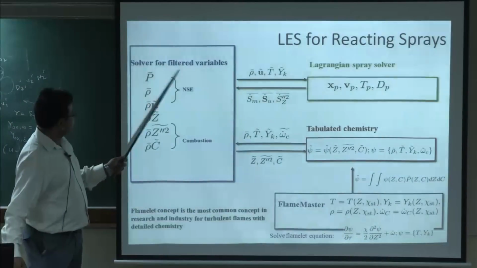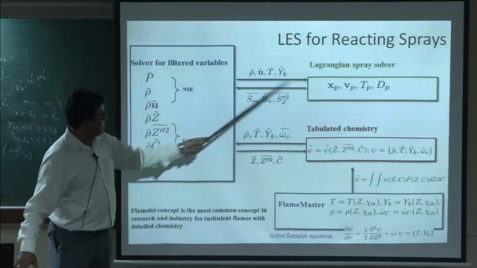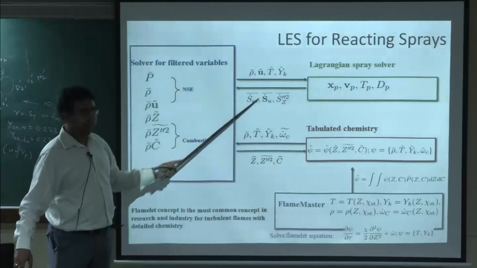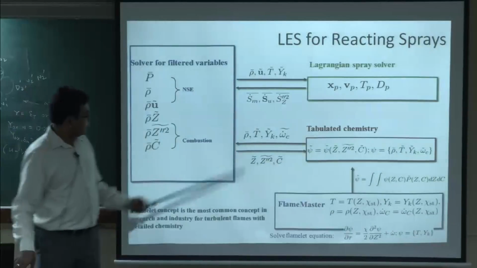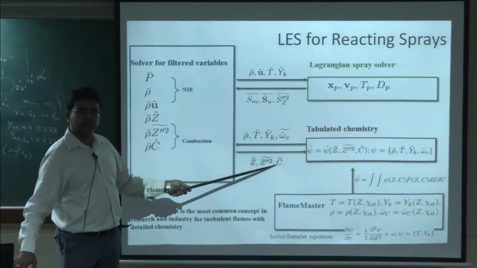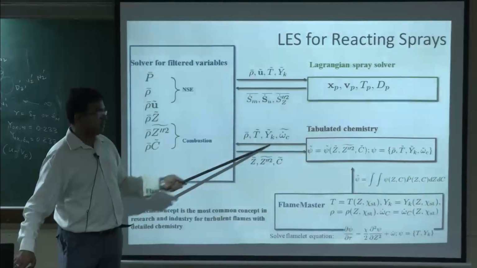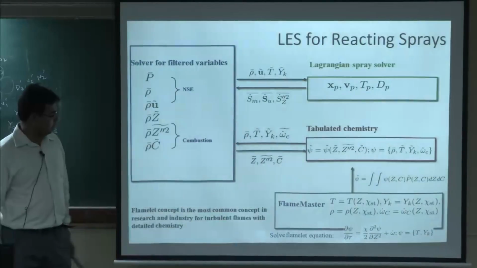Here we are solving for the filtered variables and supplying that to the Lagrangian solver, and it is giving us the two phase source terms that we need to solve the transport equations. And then we have the tabulated chemistry. We send the mean and variance of mixture fraction and the mean reaction progress variable, and it gives us the composition, temperature and the reaction rate density. These are supplied to the Navier-Stokes solver.